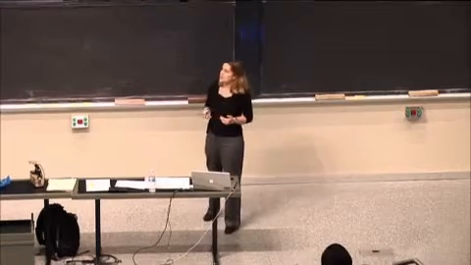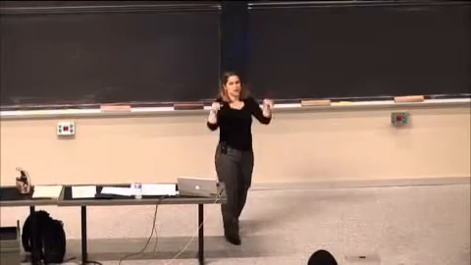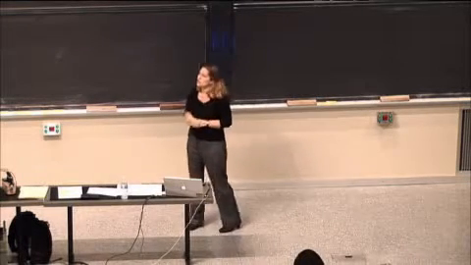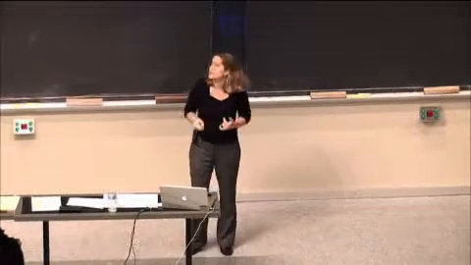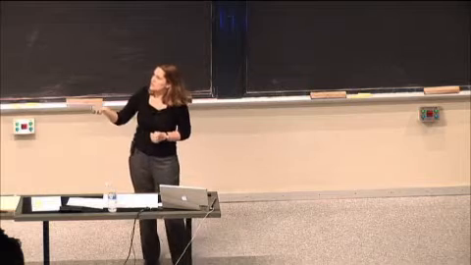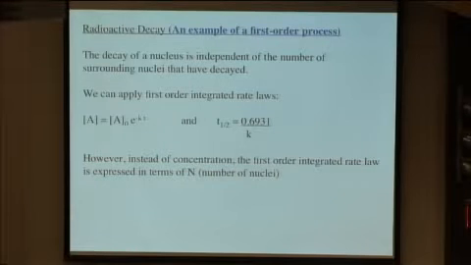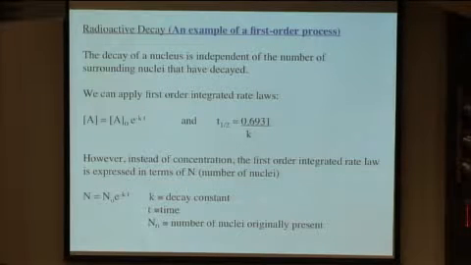We can use those same equations, but often you don't see it in terms of concentration of A. You usually see these expressions in terms of either the number of nuclei, capital N, or a different A, which is A for activity. So we can write the same expression using N instead of concentration of A. Same thing: the number of nuclei equals the original number of nuclei times e to the minus kt, where k is our rate constant, or in this case, decay constant, and t is time.